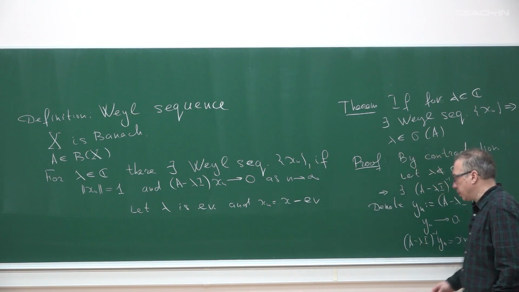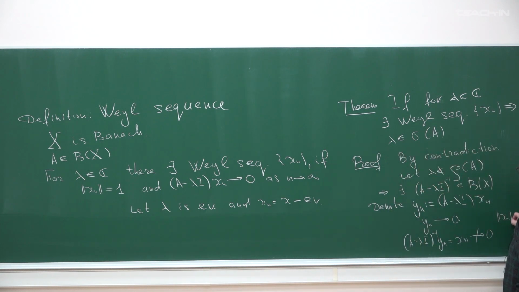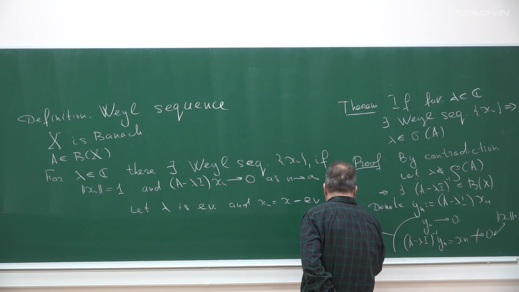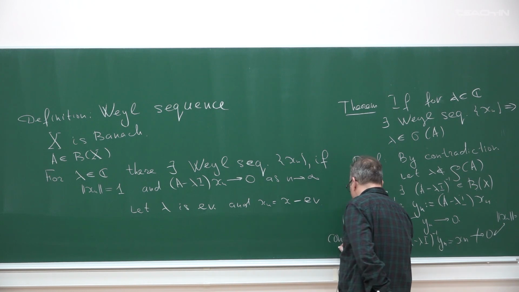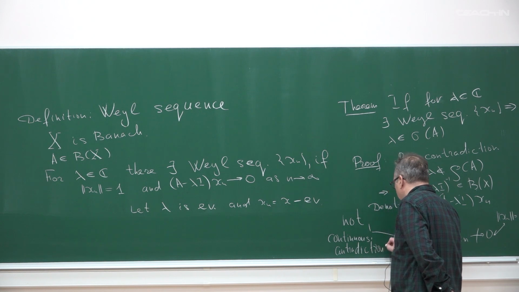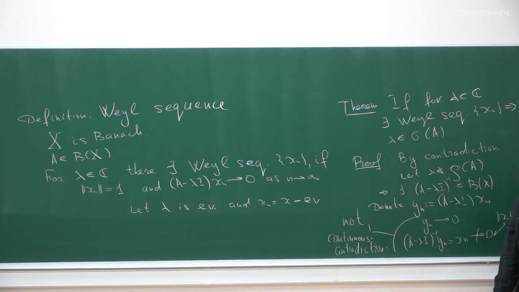So, contradiction with what? A bounded operator is a continuous operator. So this tends to 0 and the result does not tend to 0. It is a contradiction with the continuity of the operator. Okay?